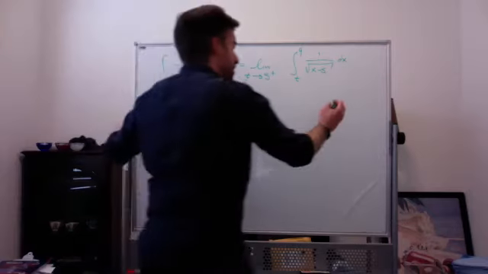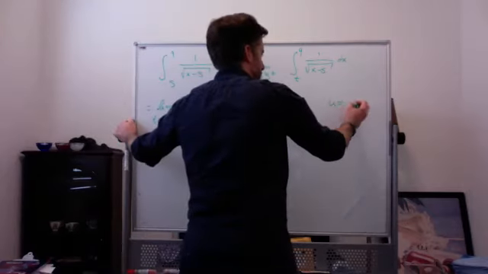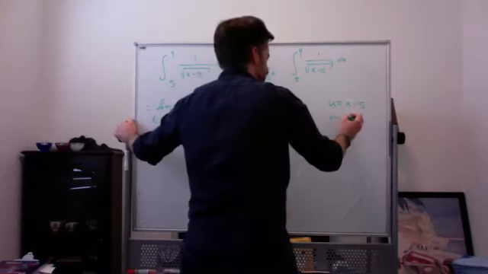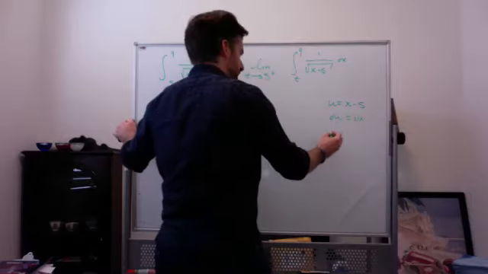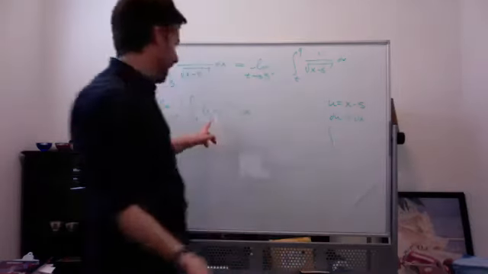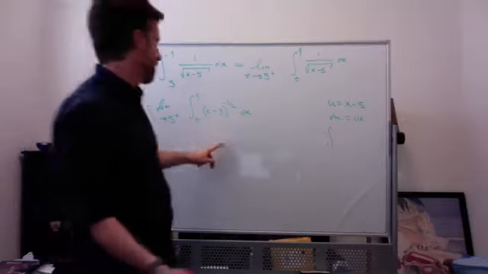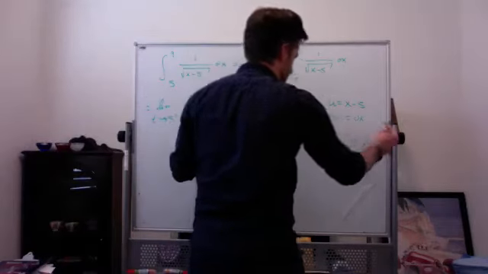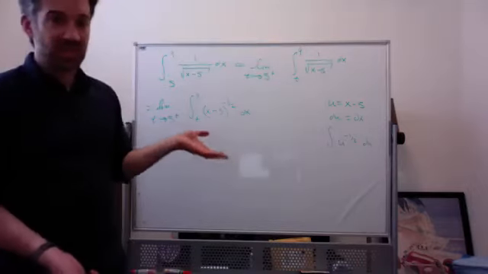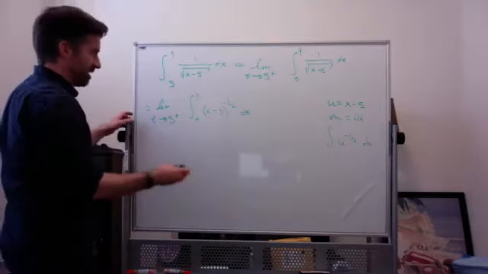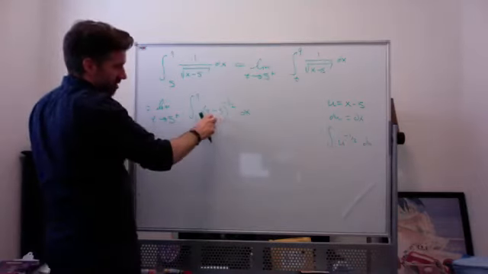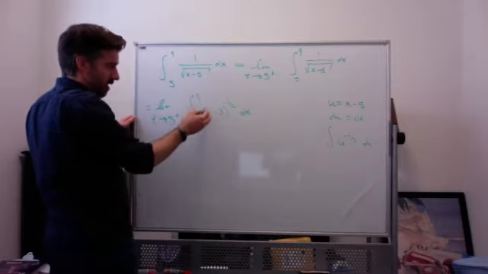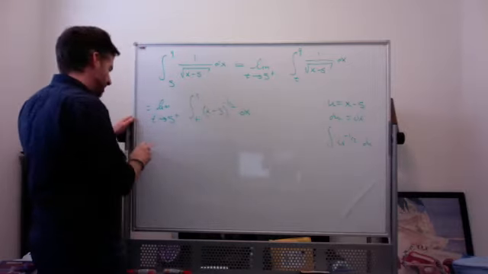You could let u equal x minus 5 and du is dx, and then you'd have the integral of u to the negative 1/2 du. But I don't think you need to do all that. I think you need to say, well, it's a linear function, and I've got a coefficient of 1. Nothing's going to change.